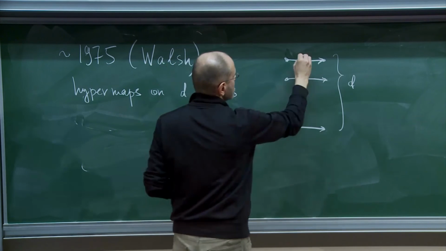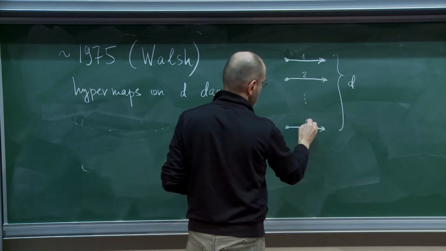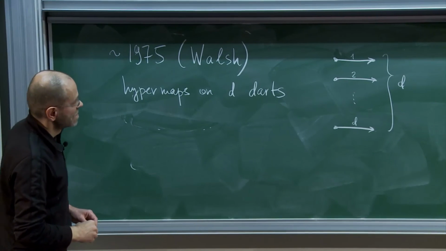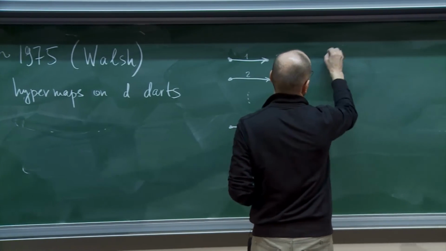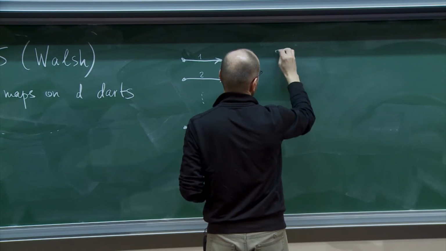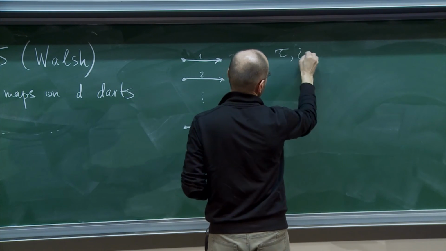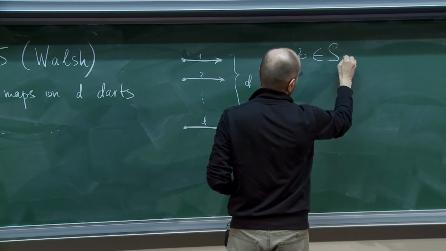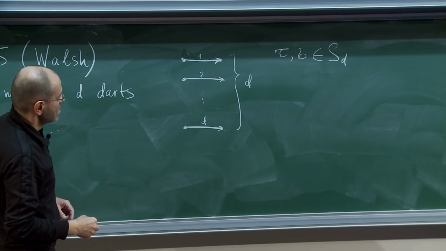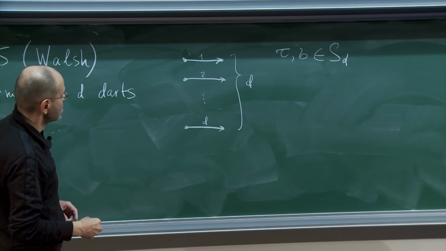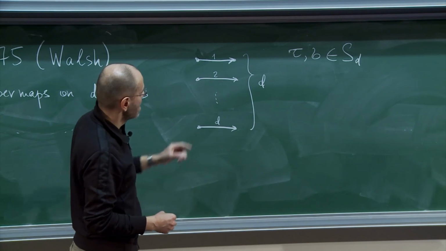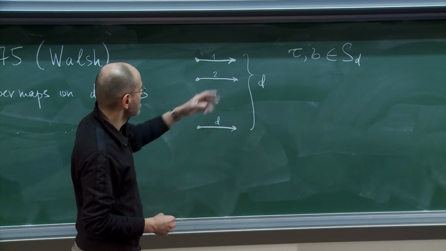And they are numbered by the numbers from 1 to D. And there are two permutations. Let's call them tau and sigma in S_D. The first one tells how to glue the left endpoints, and the second one tells how to glue the right endpoints.